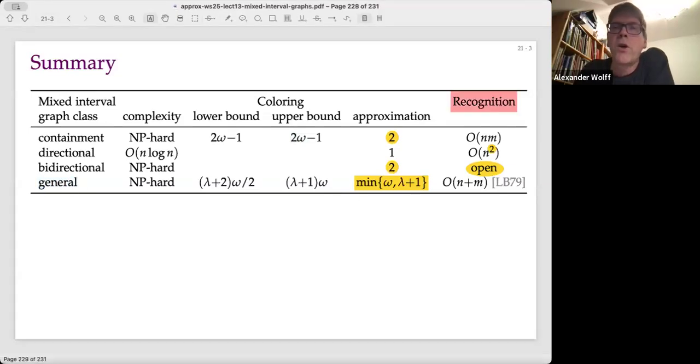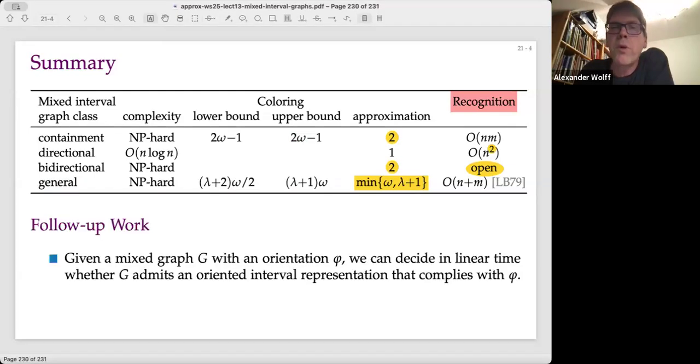Yeah. Okay, and regarding recognition, we have some follow-up work that's still not published yet, but in the pipeline. So we showed that if you don't just give us a mixed graph to test whether it is a bidirectional interval graph, but you also give us the orientation of the intervals, so whether they look left or look right.